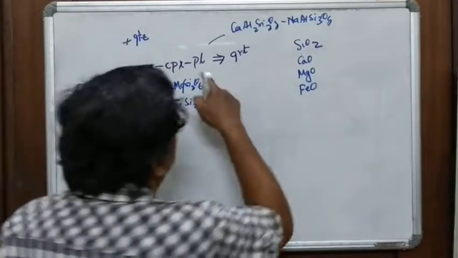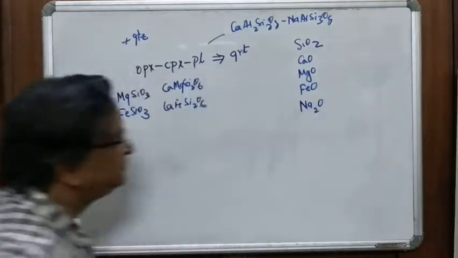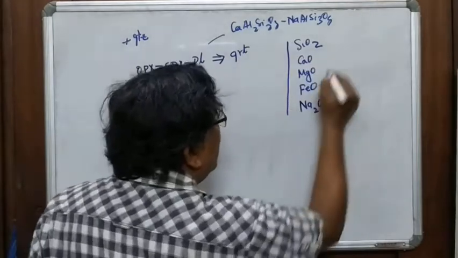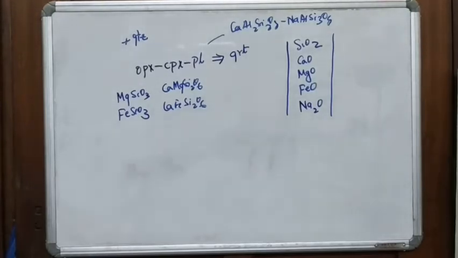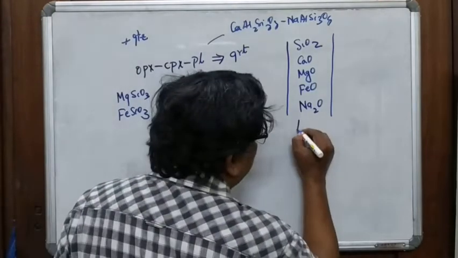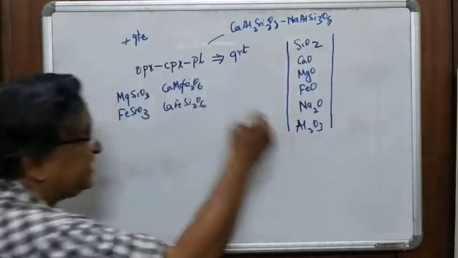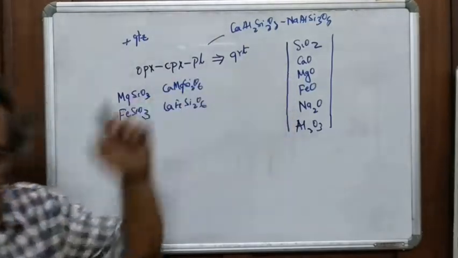But now for plagioclase, I have to take in Na2O. So this is now a 5-component system. Al2O3. Yeah, sorry, right. Al2O3. So this is essentially a 6-component system.